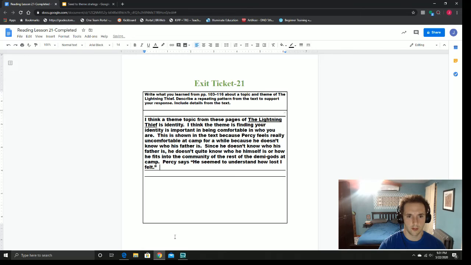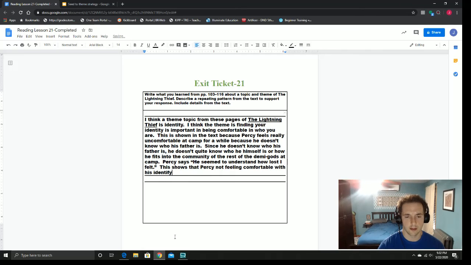This shows that Percy, not feeling comfortable with his identity, made him feel lost and out of place at camp.